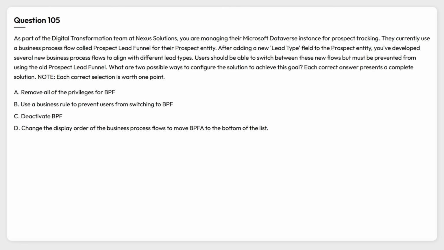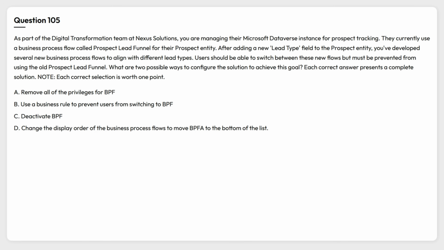Option A, remove all of the privileges for BPF. Option B, use a business rule to prevent users from switching to BPF. Option C, deactivate BPF.